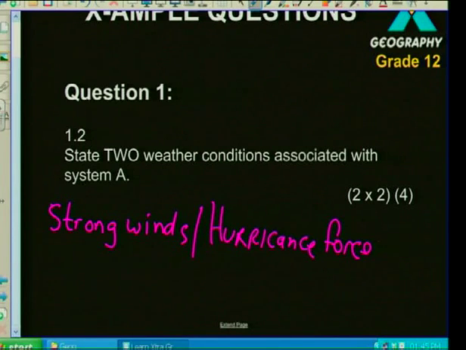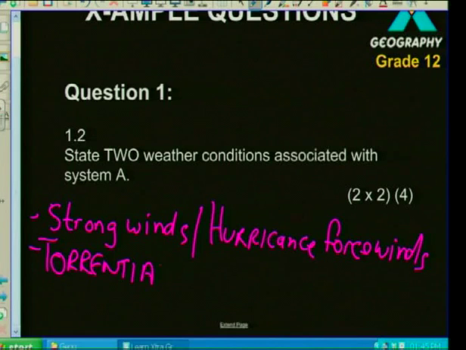We can talk about torrential rainfall, because there's a lot of rain that happens during this phase.